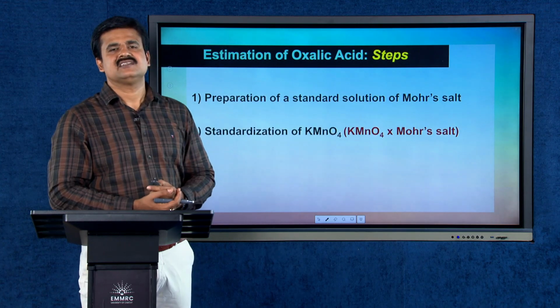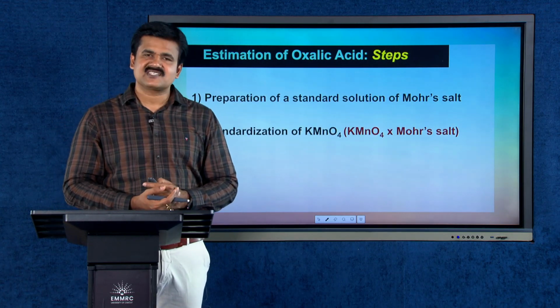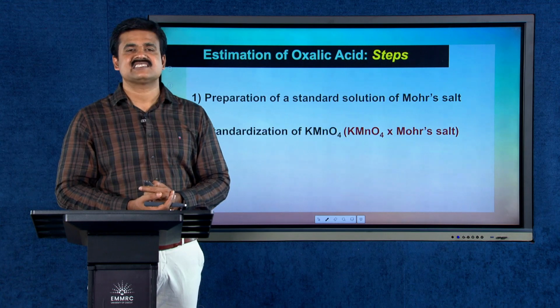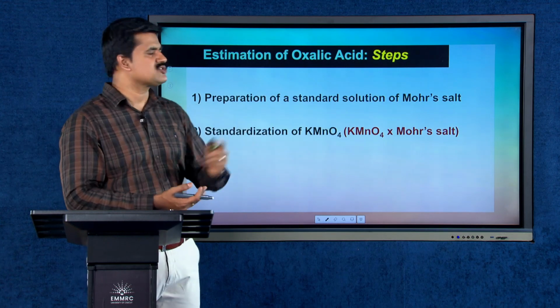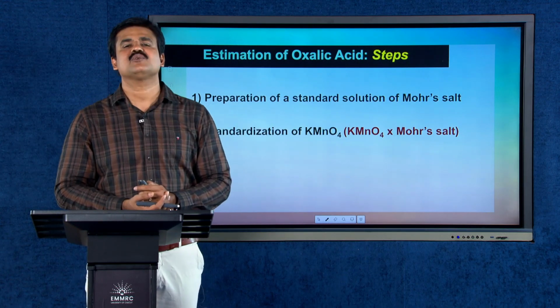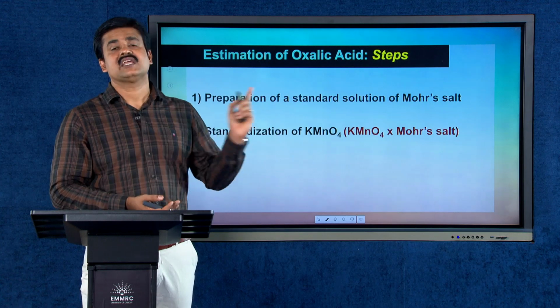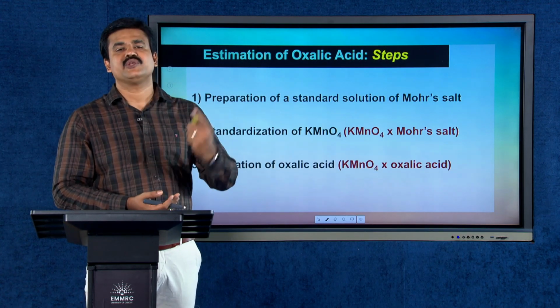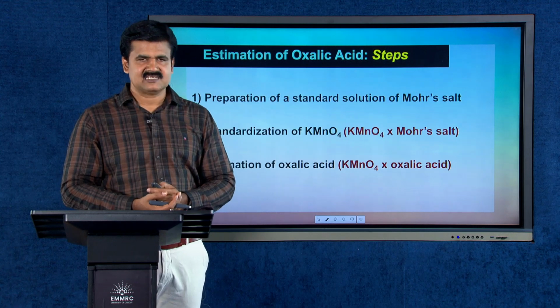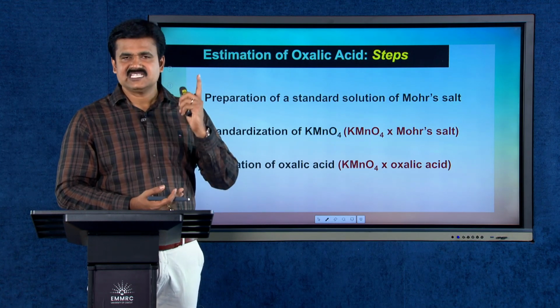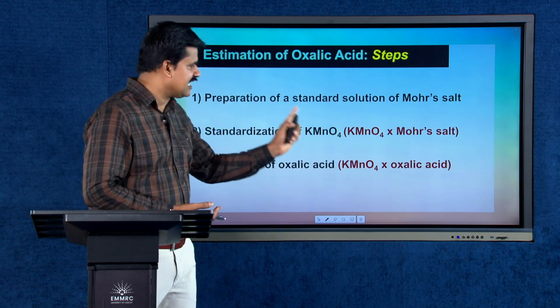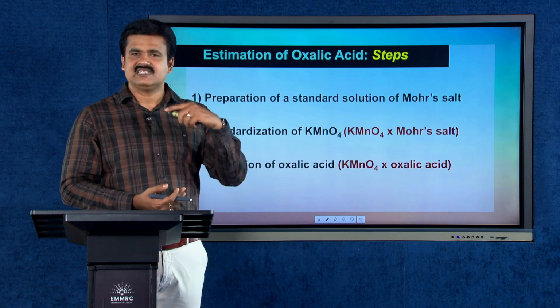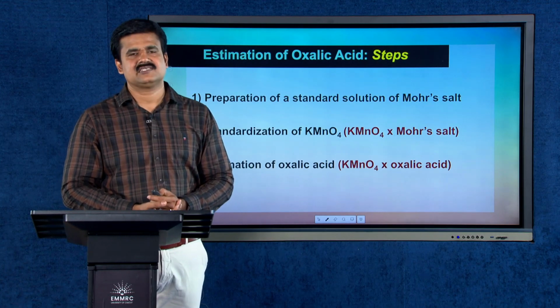And that standard Mohr's salt solution is used to standardize KMnO4. That is, standardization of KMnO4 is the second step. Here you are performing the titration between KMnO4 and Mohr's salt. In the third step, you are going to estimate oxalic acid, and that estimation is performed by using the standardized KMnO4, by its titration with the oxalic acid.